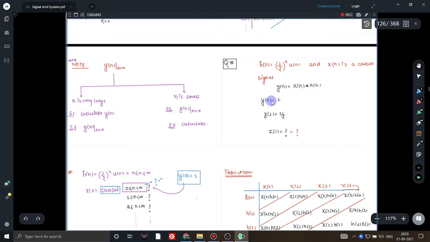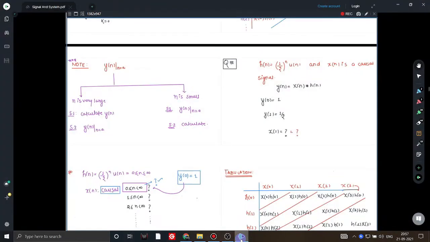and the value of y at 0 is equal to 1. The value of y at 1 is half, and it is asking for the value of x at 1. So in this type of question, what we do is, if the question asks for x at 1, we make the table till h[n], h1 and x1.